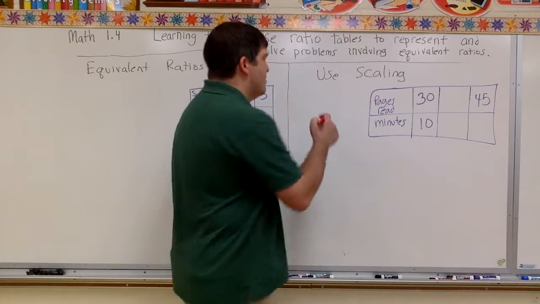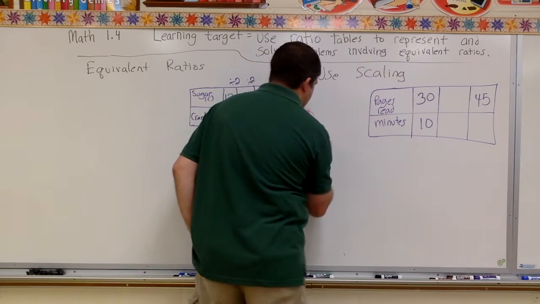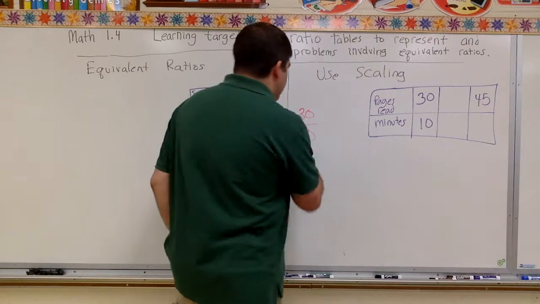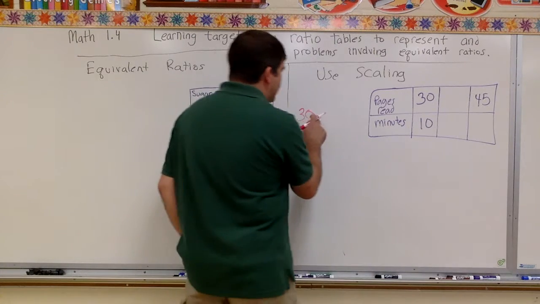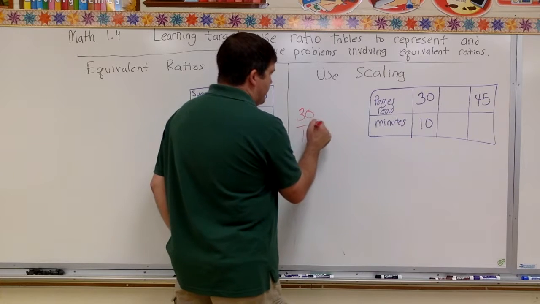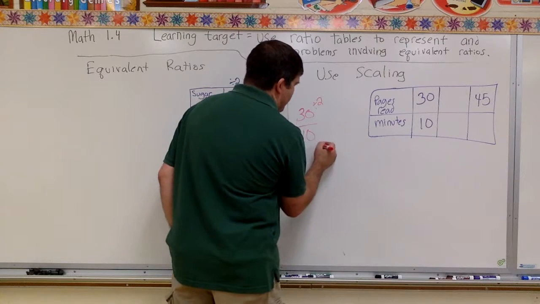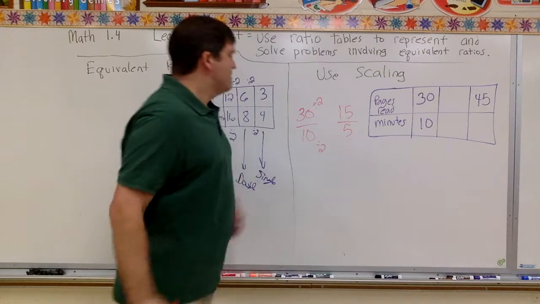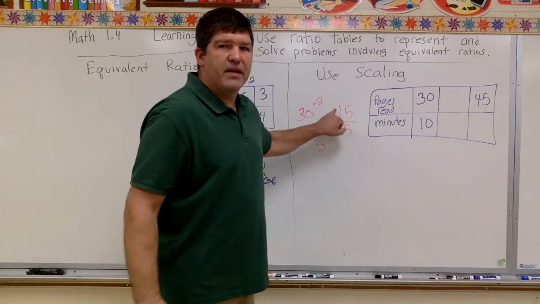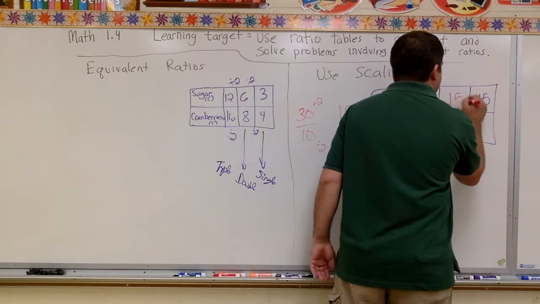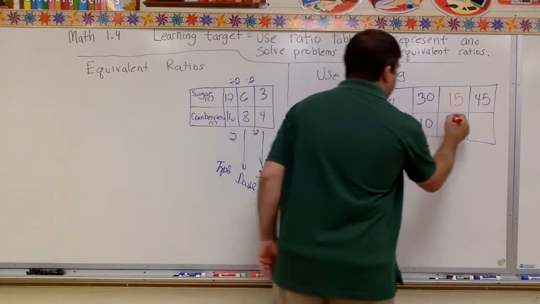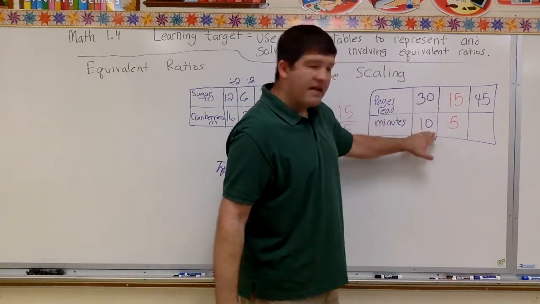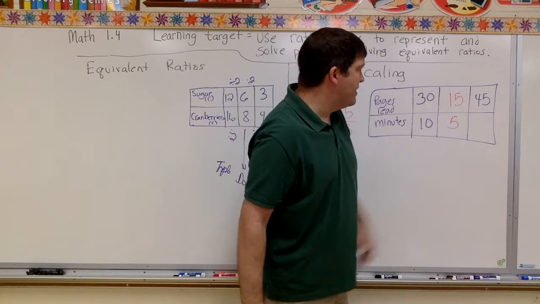So 30 to 10. What if I took this down, divided by 2? I'd have 15. So if I just read 15 pages, that would be 5 minutes. Yeah, that makes sense. 30 pages in 10 minutes. If it's half the time, it's going to be half the pages.